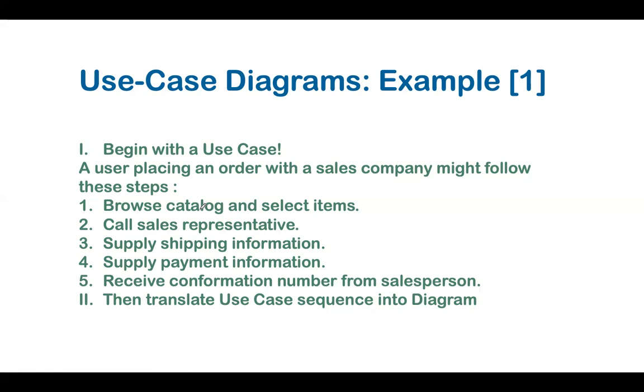What happens is you're going to have where we have a user placing an order with a sales company. You get? So now you can call it any of your choice, but the main target or the main goal is, can a user be in a position to place an order from the sales company?